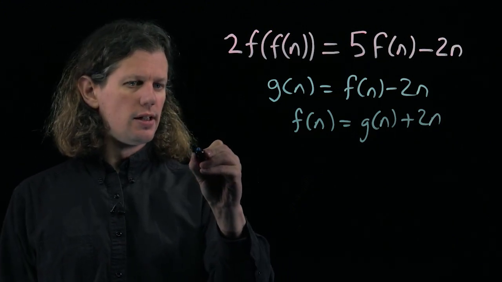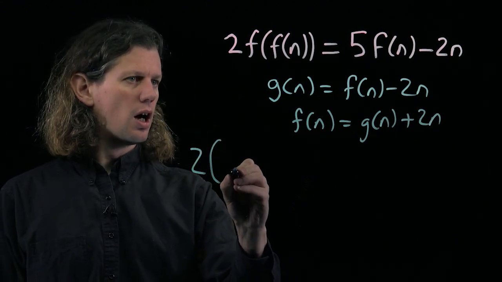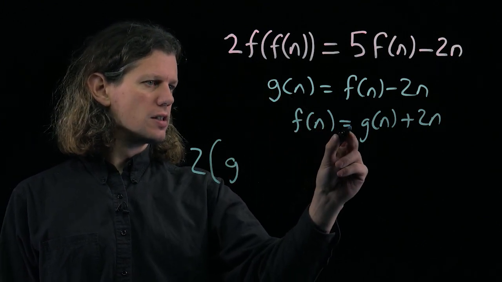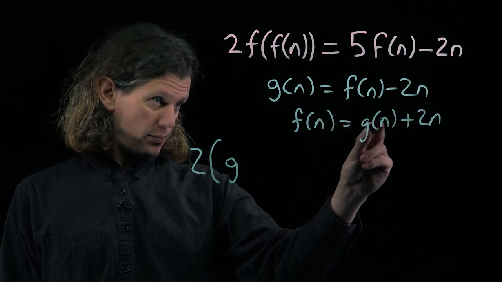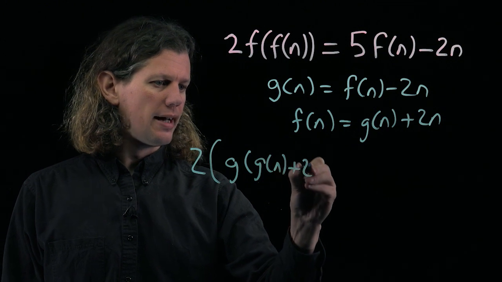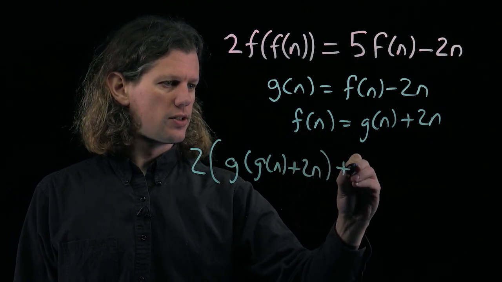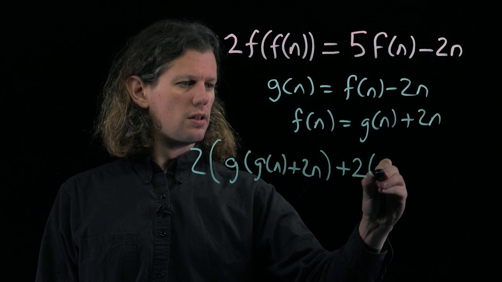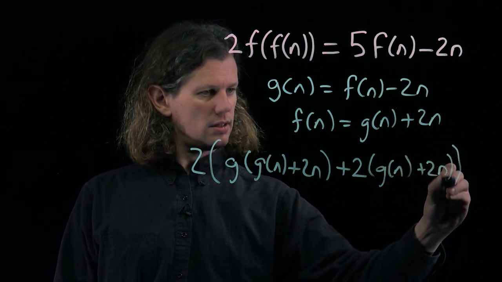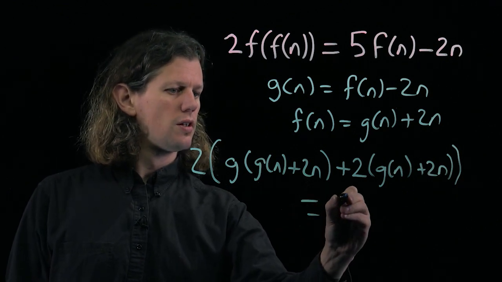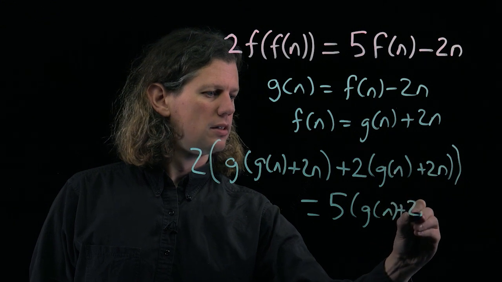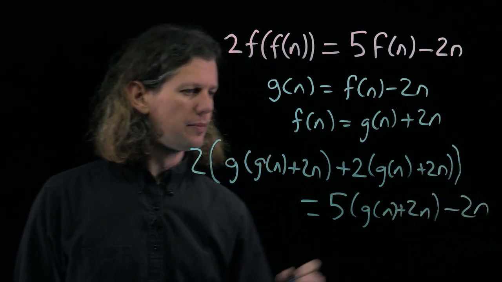Well, I get 2, open brackets, g of f of n, so that's going to be g of n plus 2n, plus 2 g of n plus 2n, equals 5 g of n plus 2n, minus 2n.